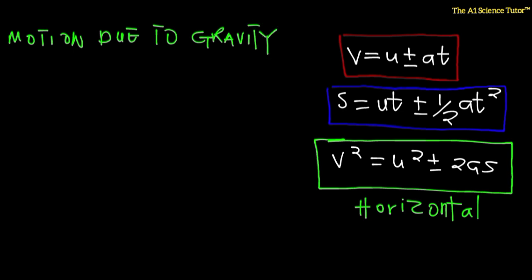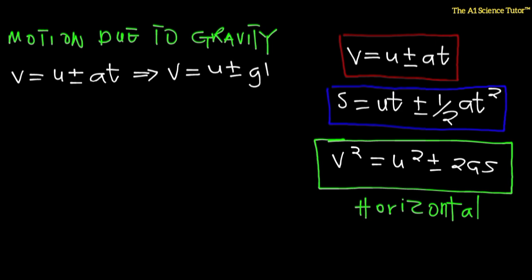First off, we have v equal to u plus or minus at. In this case, we are not going to use a. We're just going to change it and make it a g. So the whole thing becomes v equal to u plus or minus gt.